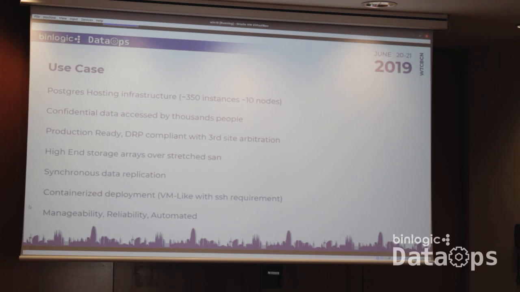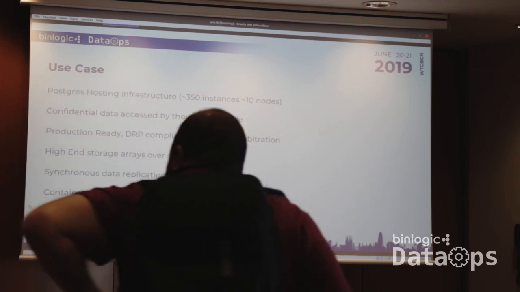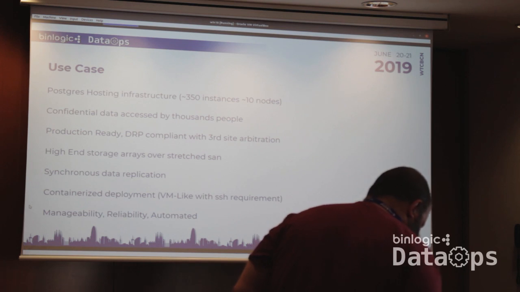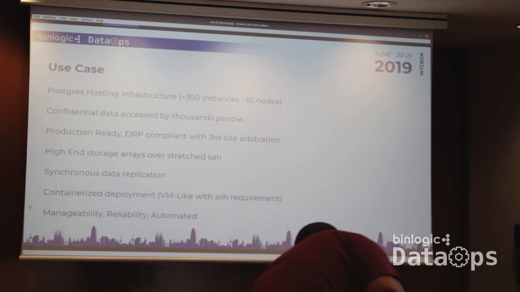Multiple clusters, so the nodes are big nodes, with a big CPU count and big memory size. They wanted a production-ready solution, something that works for a long time and which is ready for DRP also. And they have an expectation about third-site arbitration in case of a split of the two main data centers.